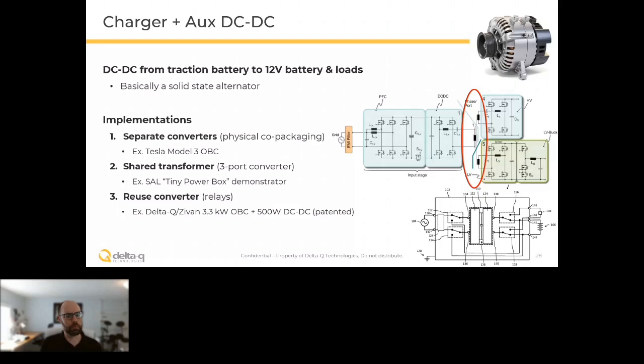There are changes that need to be made to the topology to be able to operate in both directions, and this is a good use of silicon carbide or GaN. For instance, the Tesla Cybertruck that you're seeing there has a bidirectional charger that makes use of silicon carbide devices and some topologies that make it possible to both import and export AC.